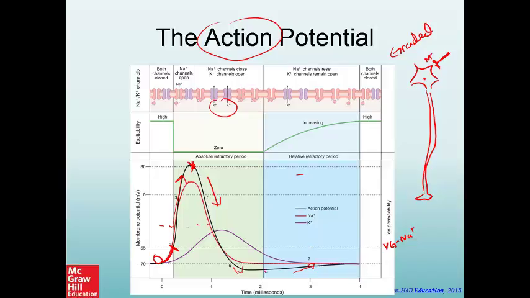Two refractory periods we talked about. The absolute refractory period is basically due to sodium channels. We said there are two gates on sodium channels, so if I draw a sodium channel here, there's one gate which is an activation gate, and one gate down here which is a deactivation gate.